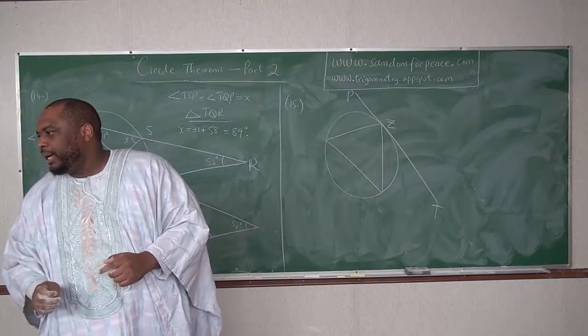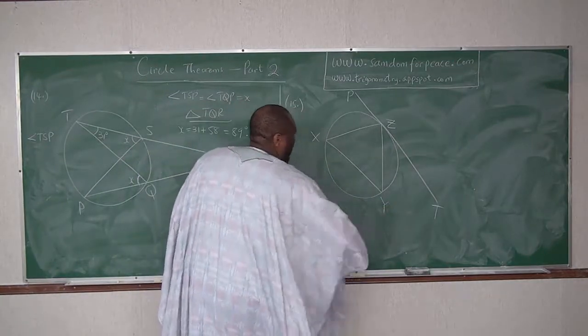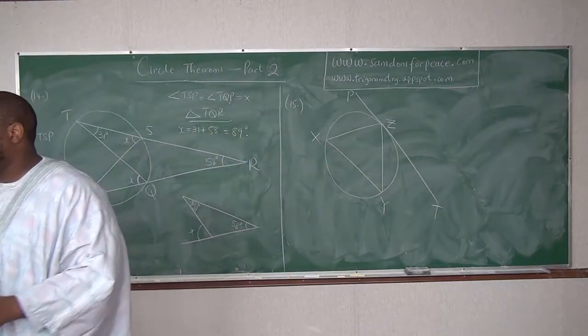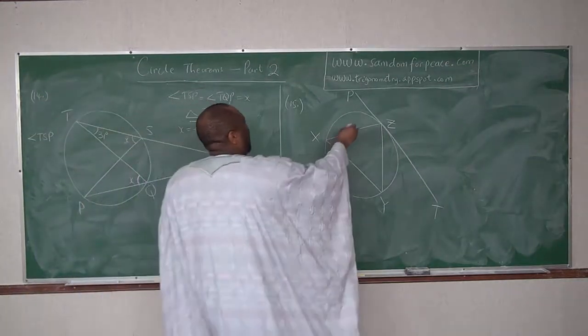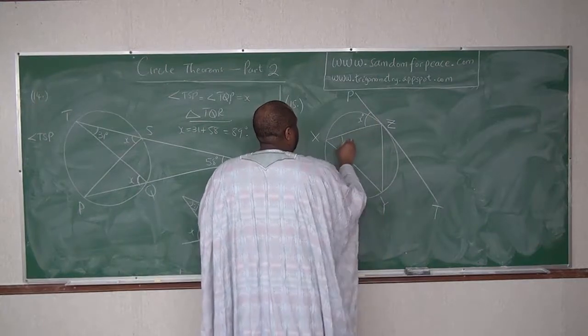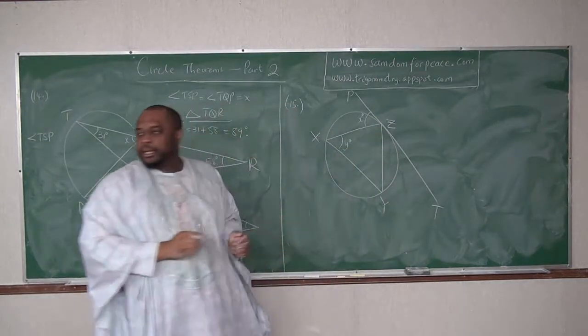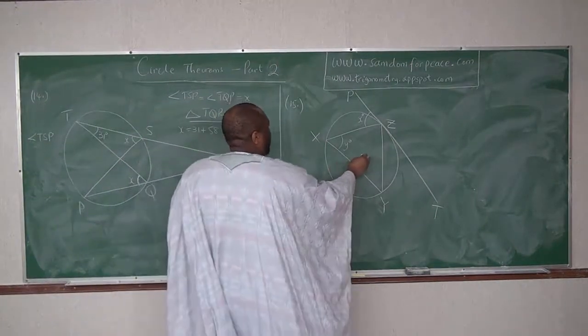Okay, and then XY. So here we have x degrees, here we have y degrees. We have the center O here.